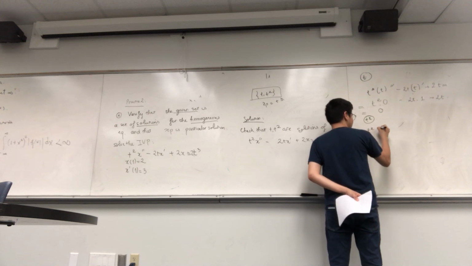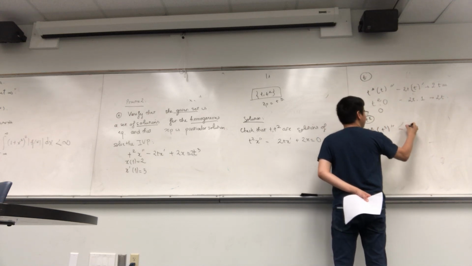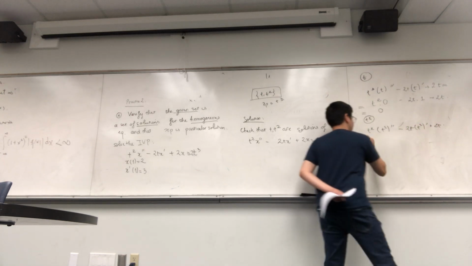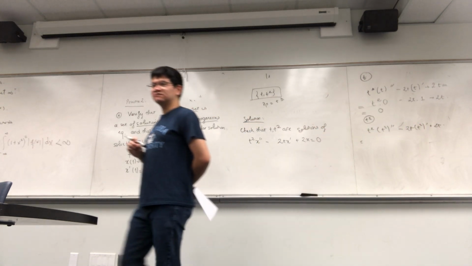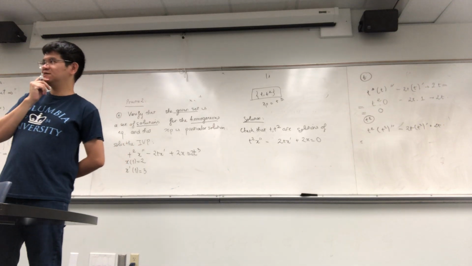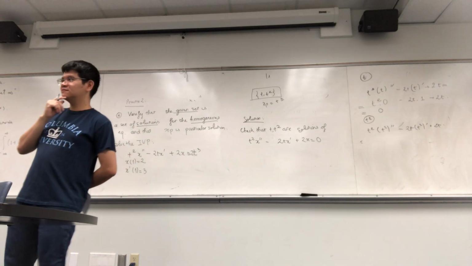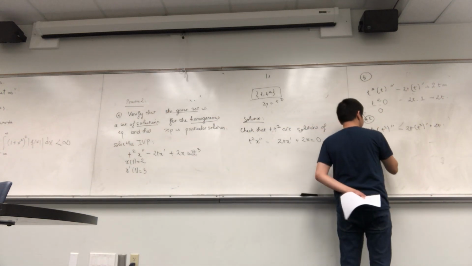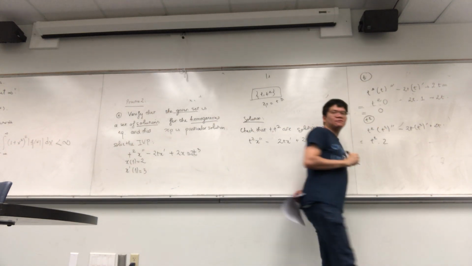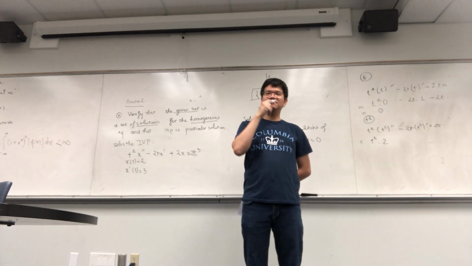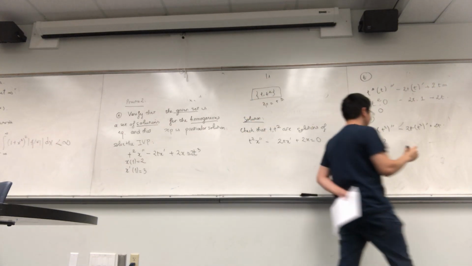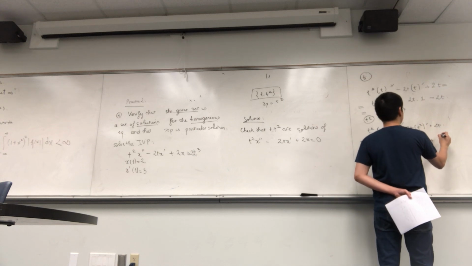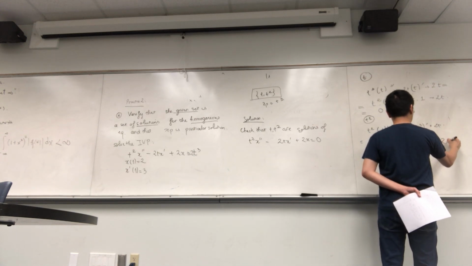Now you have to check t squared. You have t squared times (t squared) double prime, minus 2t times (t squared) prime, plus 2t squared. What is the second derivative of t squared? 2, yes. The first derivative of t squared? 2t. So you have 2t times 2t, plus 2t.